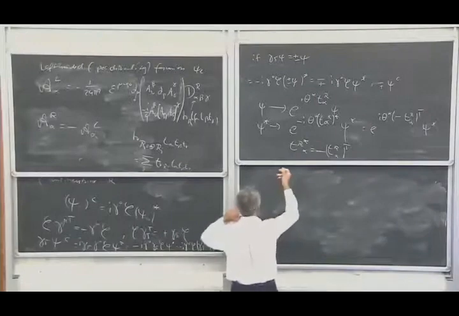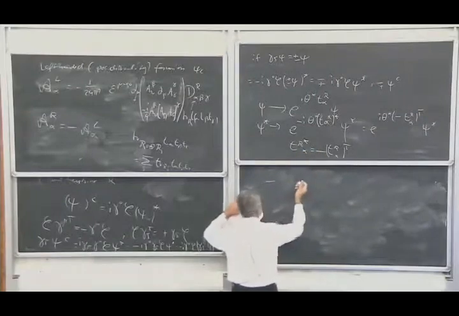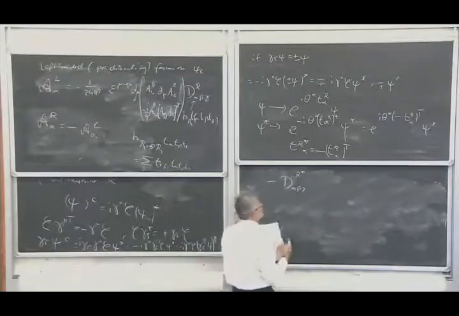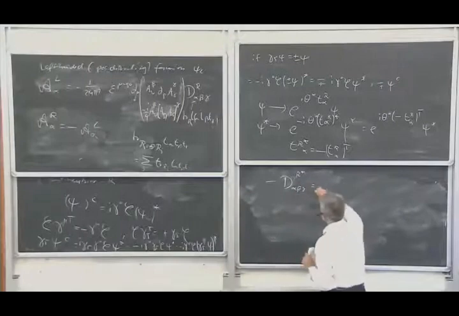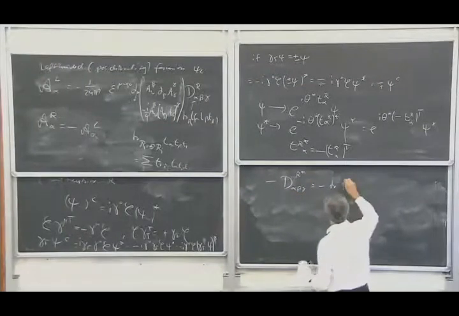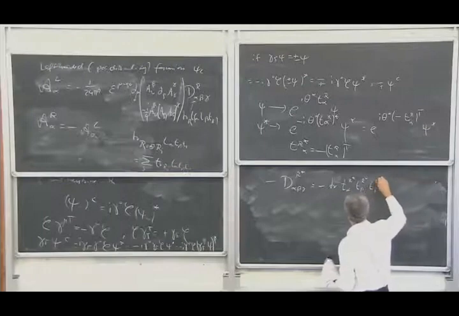So for the anomaly, I have a minus because it's right-handed, it has opposite chirality, and then I need the D symbol for this complex conjugate representation. So I have the minus for the opposite chirality, then I get a trace of these T alpha R star, T beta R star, T gamma R star.